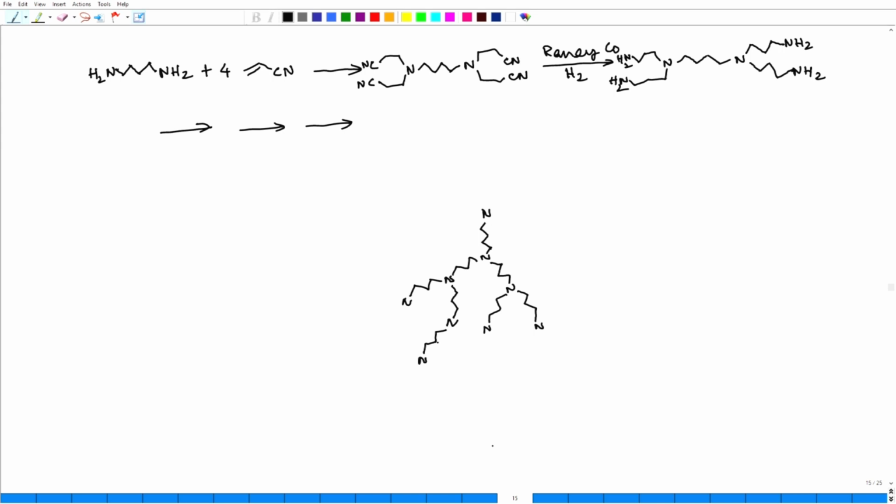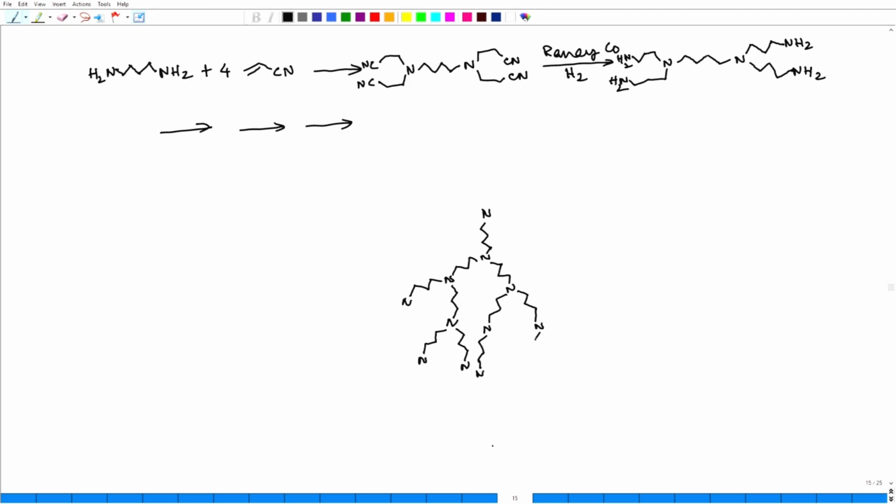Same thing, after the amine you reacted with that nitrile compound, 1, 2, 3 nitrogen. Then I will have 1, 2, 3 nitrogen.